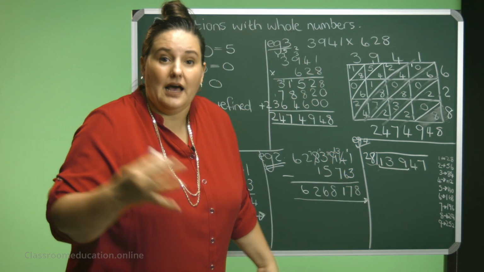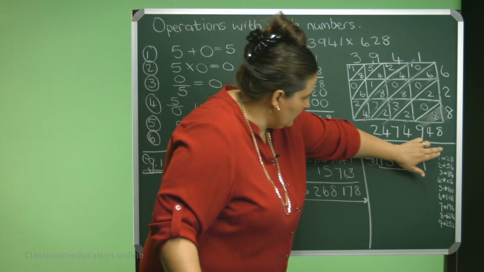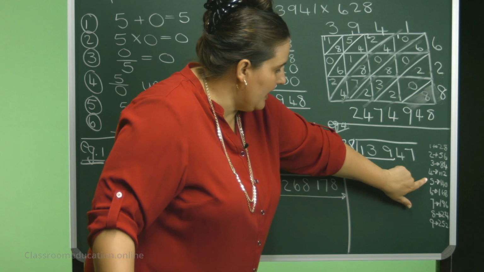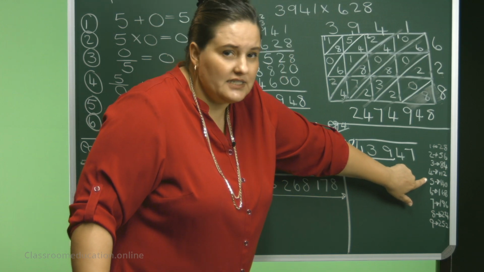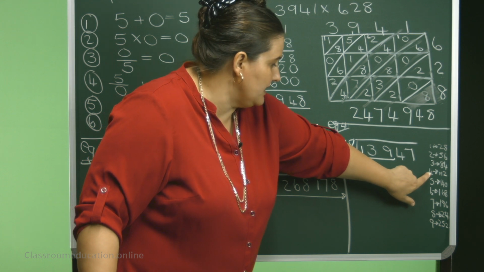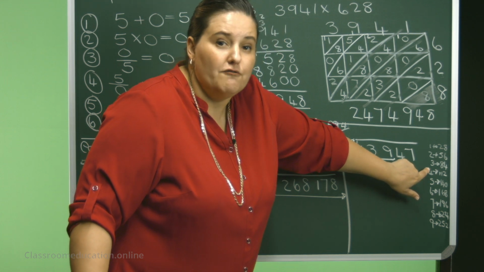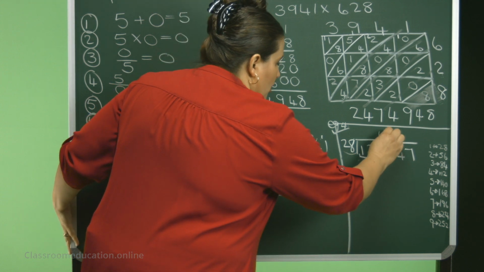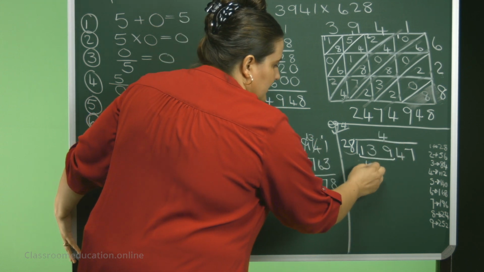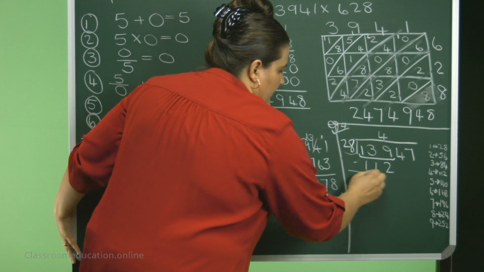Yes, it can. How many times? Go and have a look here. 139. I have 140. It's not enough. I have 139, so it can only go into that 4 times. So 4 times 28 is 112.